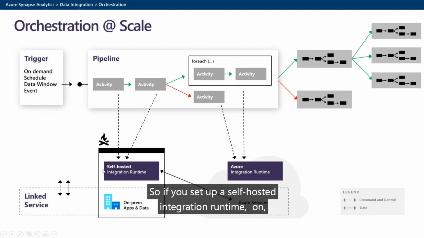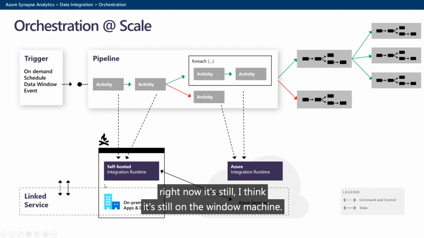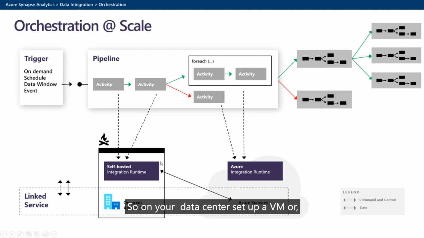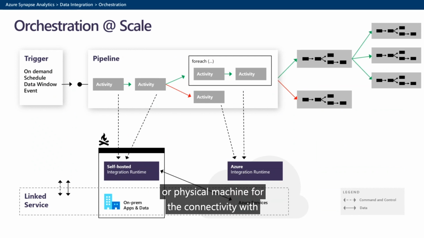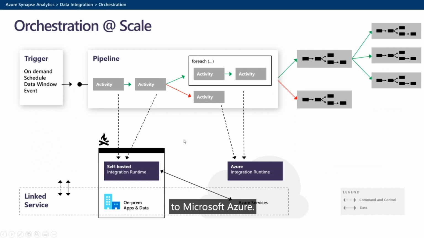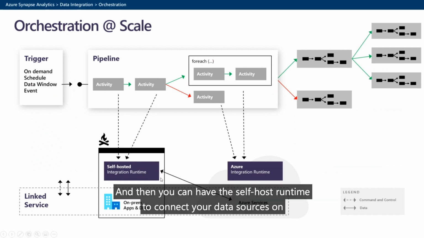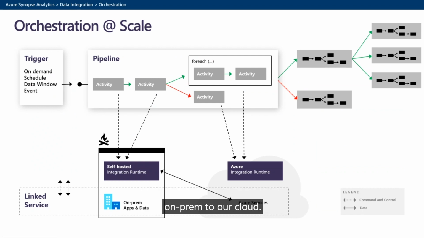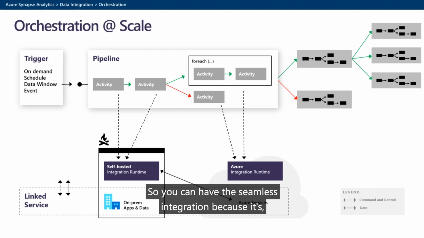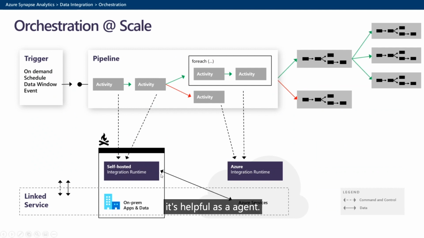If you set up a self-hosted integration runtime, right now I think it's still on a Windows machine, so in your data center, set up a VM or physical machine for the connectivity with Microsoft Azure, and then you can have the self-hosted runtime connect your on-prem data sources to our cloud. So you can have seamless integration because it's a self-hosted agent.